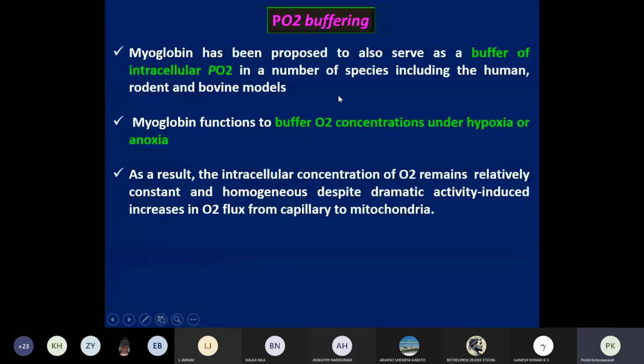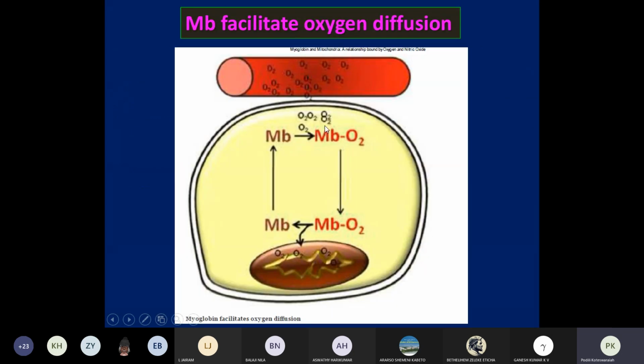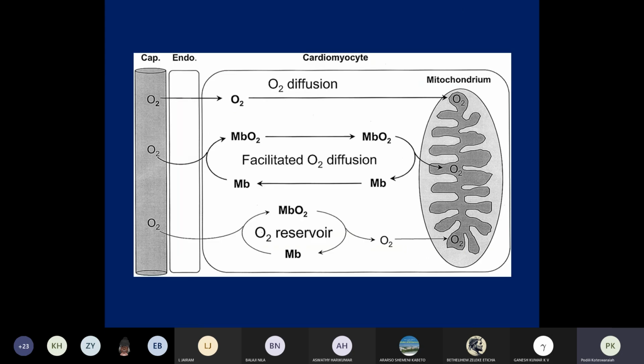It maintains the intracellular O2 concentration, and it also transports the oxygen from the sarcolemma to the mitochondria in the muscle. As you can also see here, this is the blood capillary, and this is the muscle membrane.